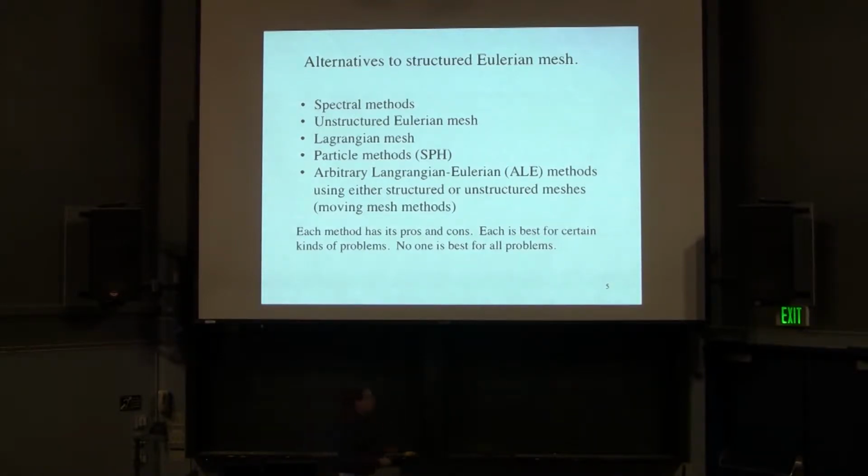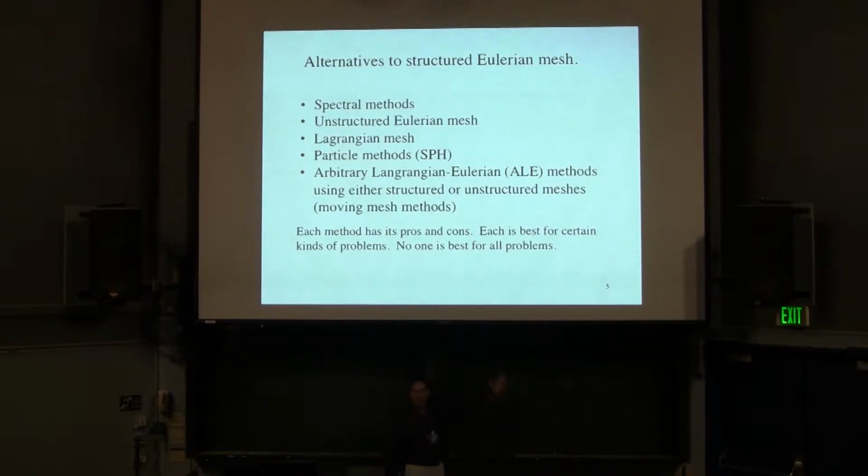You can abandon the mesh completely and use SPH methods, as Paul was telling us about, and Will could tell us about more in a little bit. And then finally, you can use so-called arbitrary Lagrangian Eulerian methods, ALE methods, which can use either structured or unstructured meshes. They're sort of the best of both worlds. They take an Eulerian mesh, but they allow you to move it in any arbitrary way.